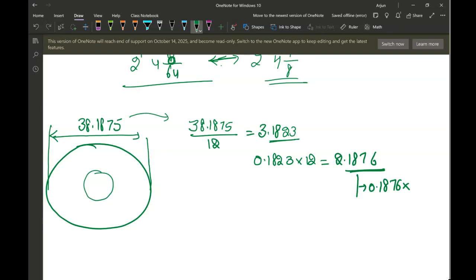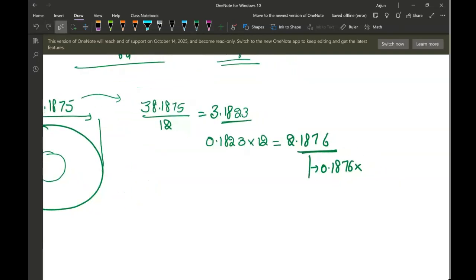I'll take this portion, 0.1876, and multiply it by 32nds. So 32nds means multiply by 32. 0.1876 multiplied by 32 is going to give me 6.0032. I will only take this portion now.